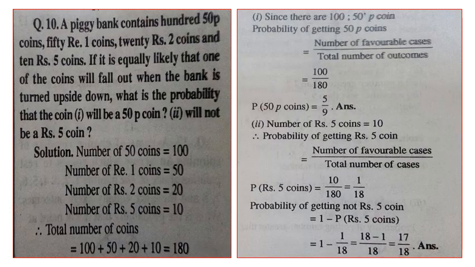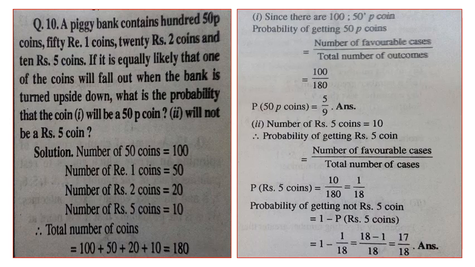Question number 10. A piggy bank contains 100 50 paise coins, 50 1 rupee coins, 20 2 rupees coins and 10 5 rupees coins.